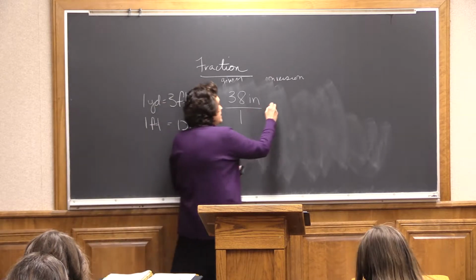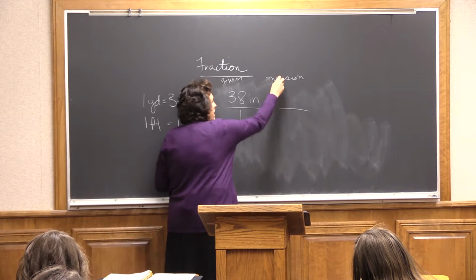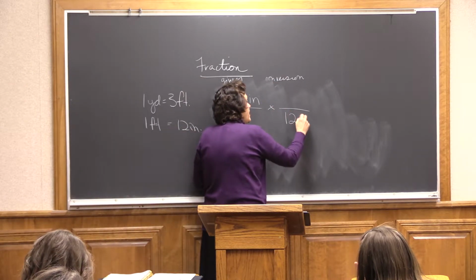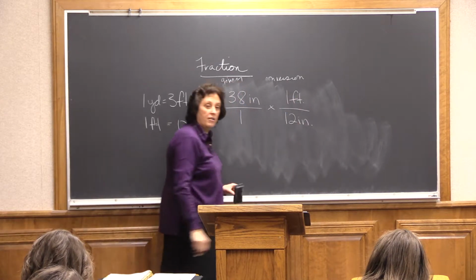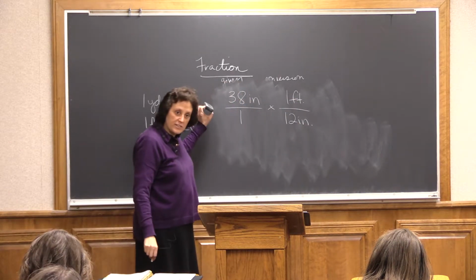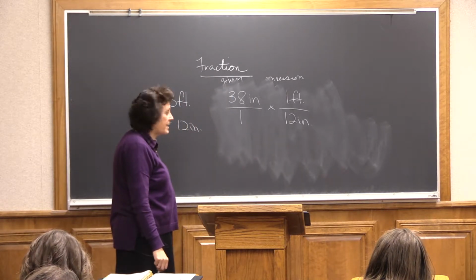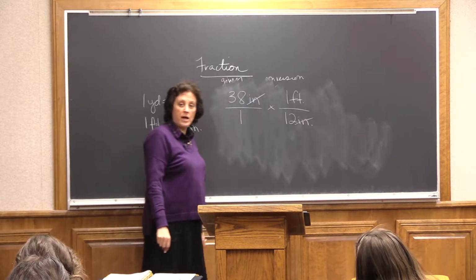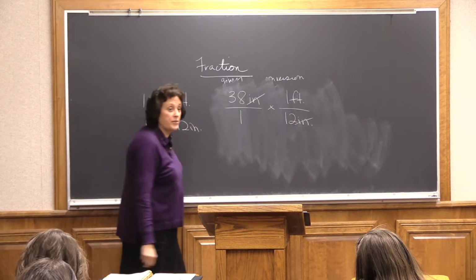38 inches to feet. In my conversion fraction, I have my given fraction, my conversion fraction. I'm going to set this up so that my inches cross cancel out of the problem. This is fraction multiplication. I can also reduce with the 12 and the 38.